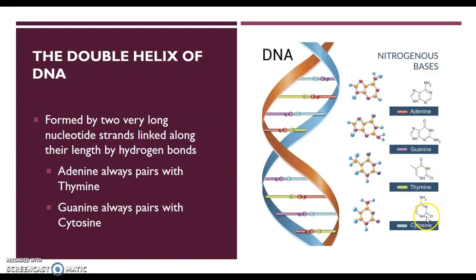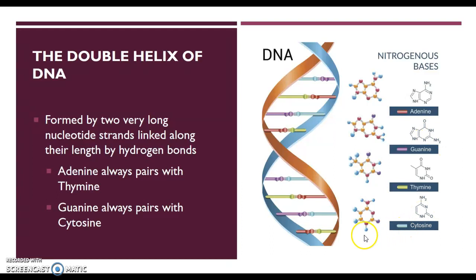So thymine and cytosine are single carbon ring structures, and they are part of a group called the pyrimidines. Adenine and guanine have double ring structures, and they are part of a group called the purines. Adenine always bonds with thymine in the structure of DNA, and guanine always bonds with cytosine in the structure of DNA.